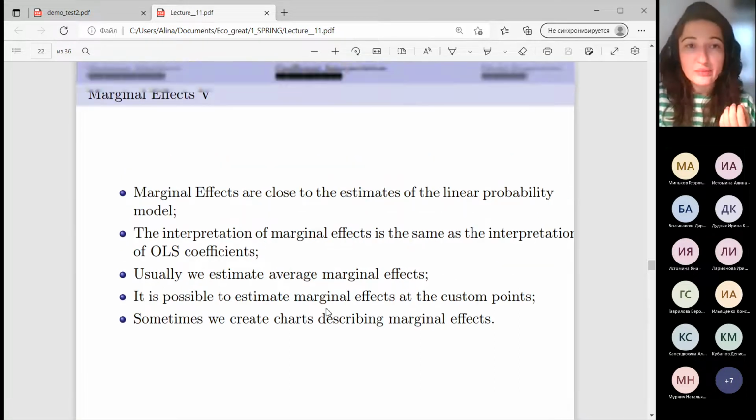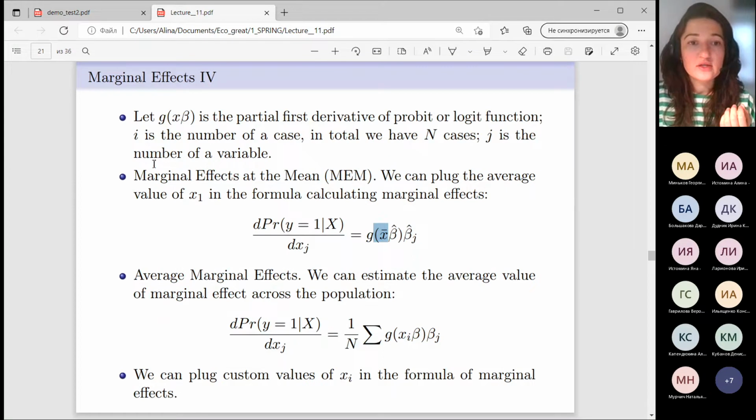The most popular option among the three is the average marginal effect, but you can choose any one among these three. It depends only on your research question, on which effect you want to estimate. So it's up to you.